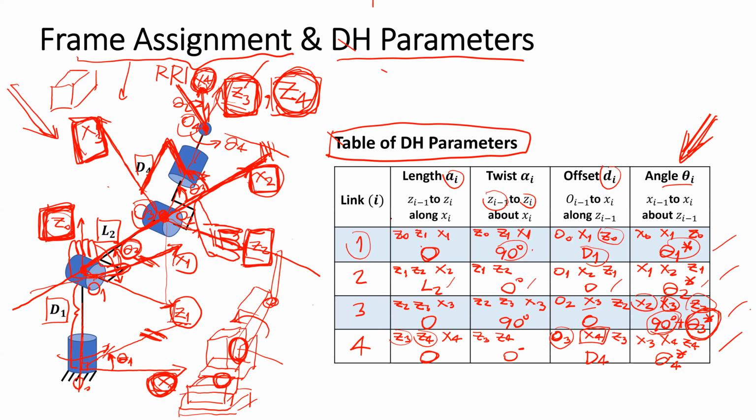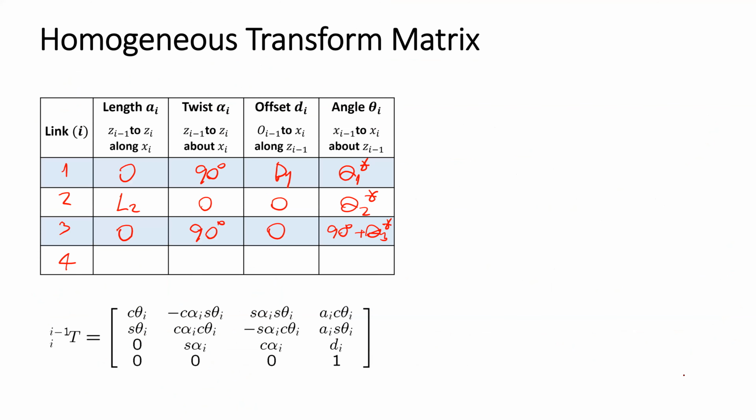And the last one, link 4, has only the offset and the joint angle: 0, 0, D4, and the joint angle theta 4.